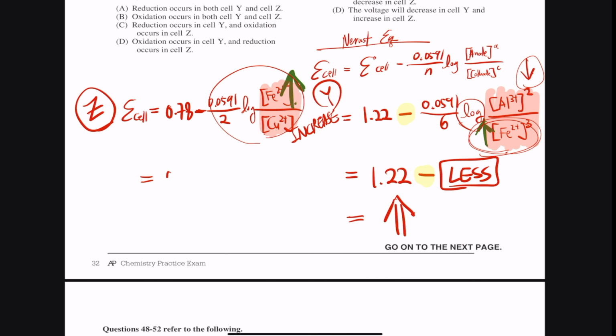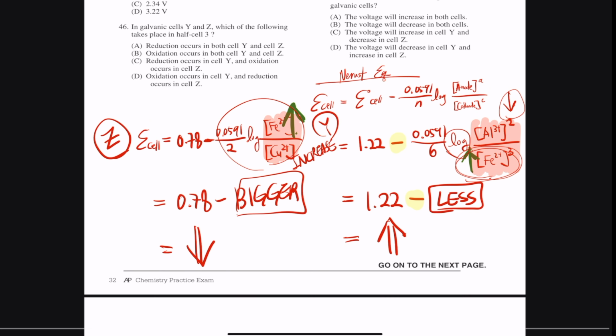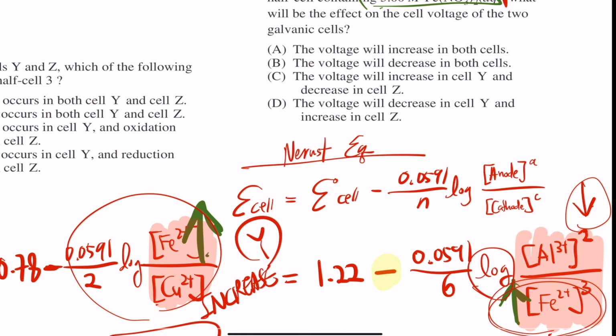Long story short, you're doing 0.78 minus a bigger number, which means you're subtracting more, so overall that's going to go down. So this is why the voltage in Y is actually going to increase, but the voltage in Z is going to decrease, which is what makes answer choice C correct, where it says the voltage will increase in cell Y but decrease in cell Z. That's the right answer.